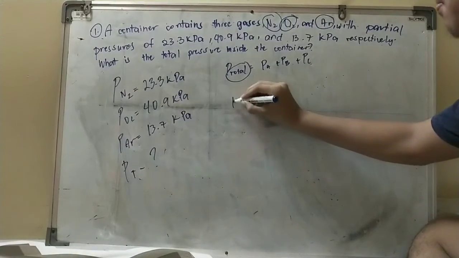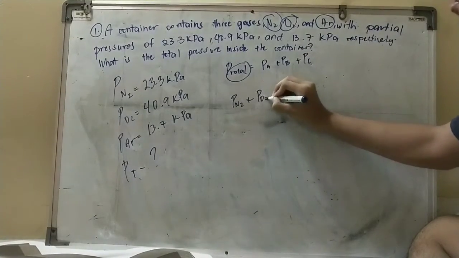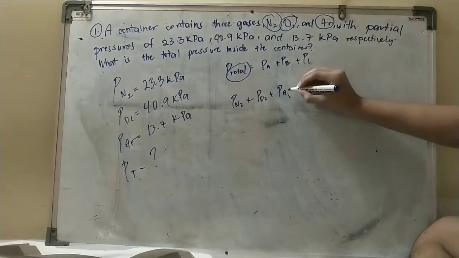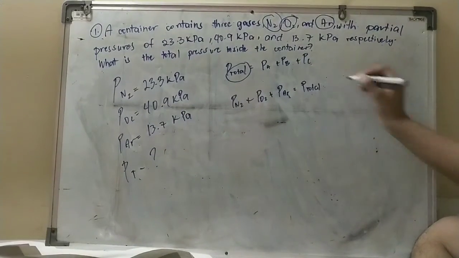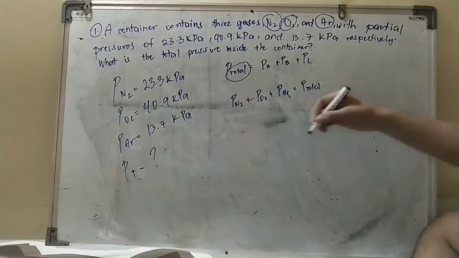So PN2 plus PO2 plus PAr is equal to P total. We can then substitute the values into our formula.